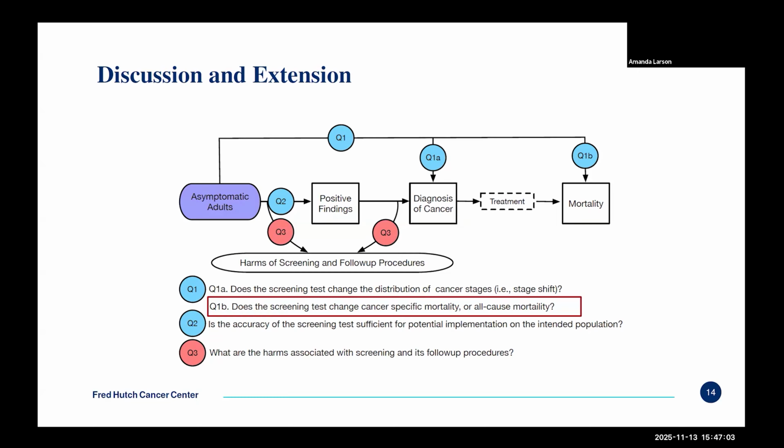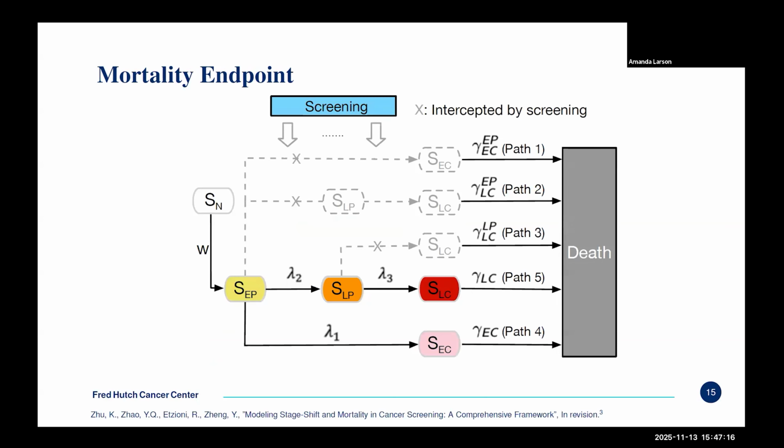What we want to do is use this type of model to connect these two endpoints and see how late-stage incidence is related to mortality. We extended this 5-step model to incorporate the mortality endpoint, to look at the follow-up survival after the screening. And we characterize different paths, trying to account for some biases that we might observe in screening.